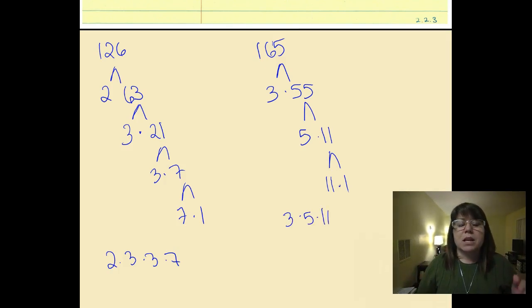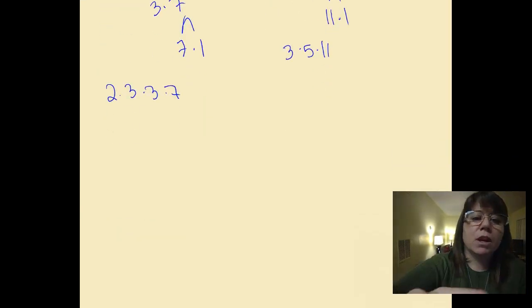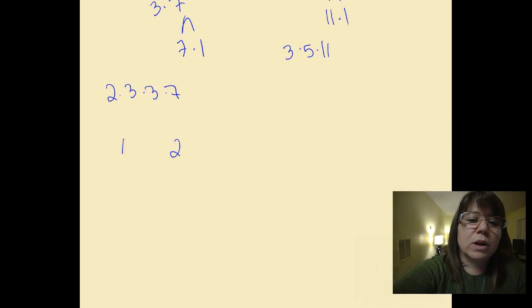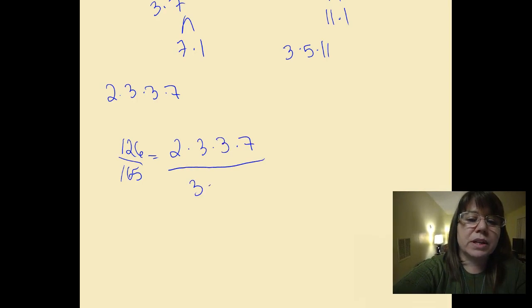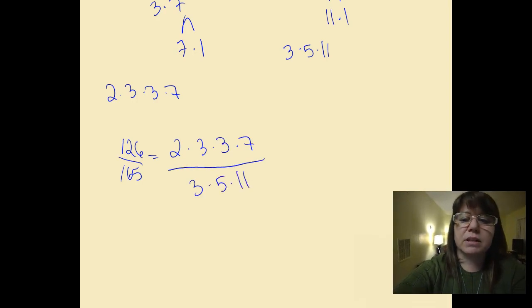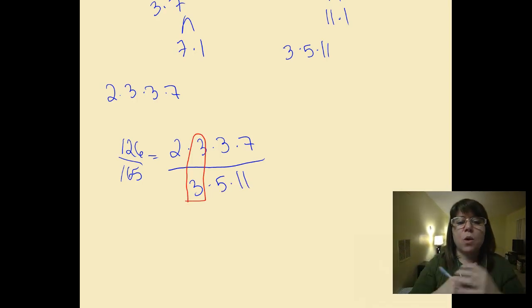All right. So now how can I write this fraction? 126/165 will equal 2 times 3 times 3 times 7 all over 3 times 5 times 11. But they have a 3 in common.